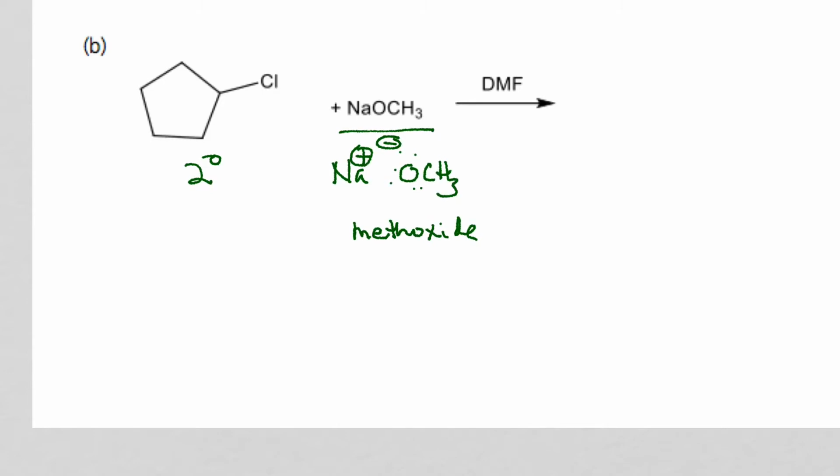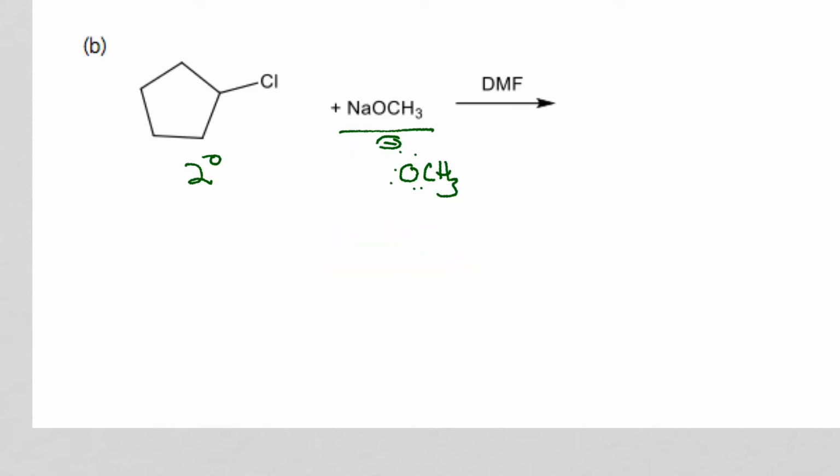The only difference is that it's written as sodium methoxide because they've included the counterion. But it's exactly the same nucleophile, and as we said above, it's a strong base. But this is a more hindered substrate, so that starts to open up the possibility that elimination could take place.